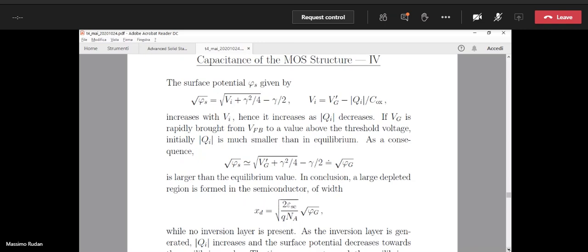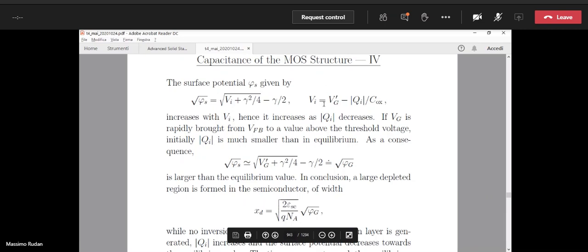We simply invert the algebraic relation between charge per unit area in the inverted layer, that is Qi, the applied voltage, the oxide capacitance, and the surface potential. So we find an easy relation, you can see it in the first line, a square root of the surface potential in terms of the applied voltage, Vg prime.